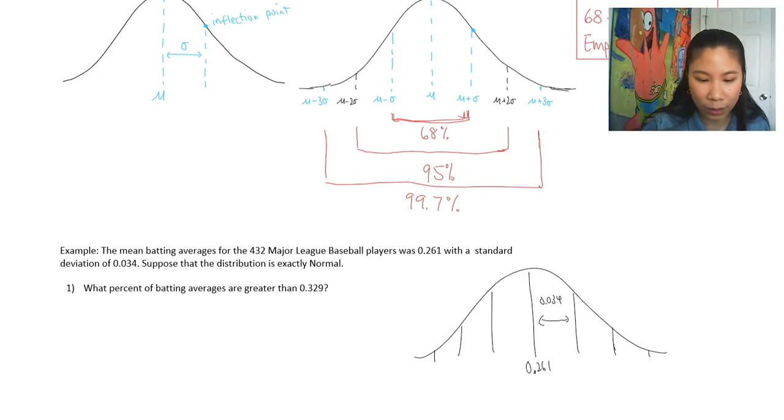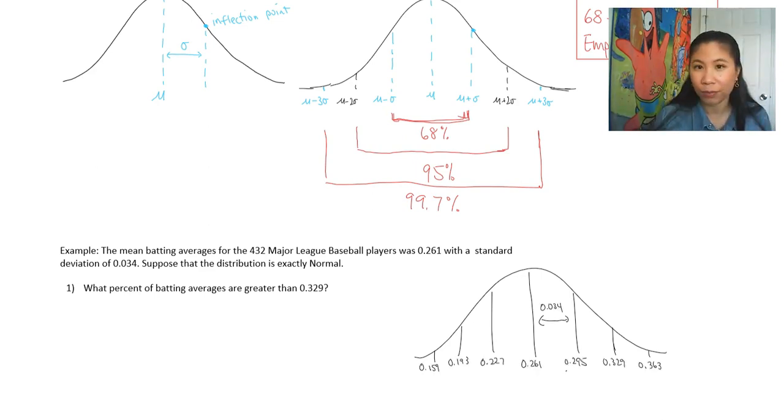So I'm going to do that real quick, because 0.261 plus 0.034 will give me 0.295, and then you keep going. Okay, so I've added and subtracted the standard deviation of 0.034 all the way through on both sides.